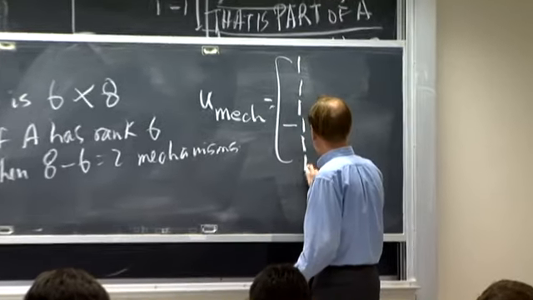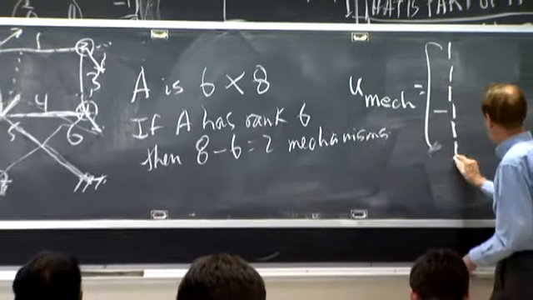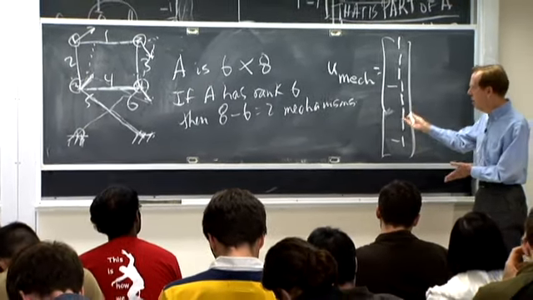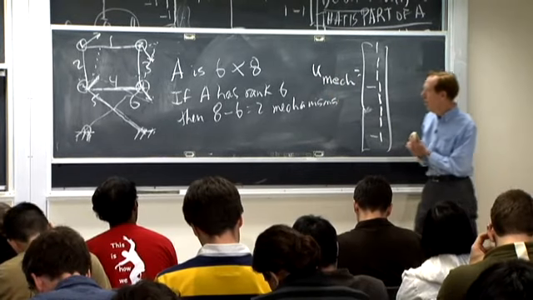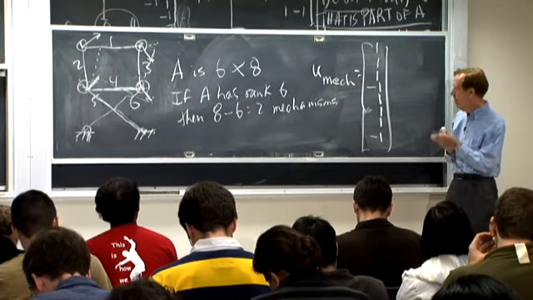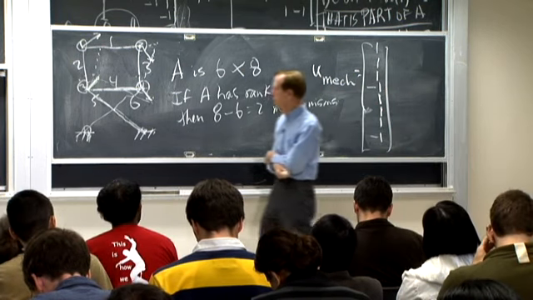Nodes 1 and 3 are just hanging on, and number 4 is like number 2, 1 and minus 1. I think that's the u, which should solve Au equals 0. Okay, that's a good example.